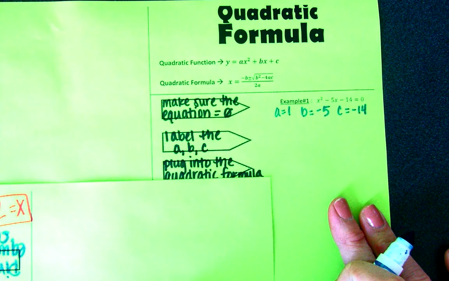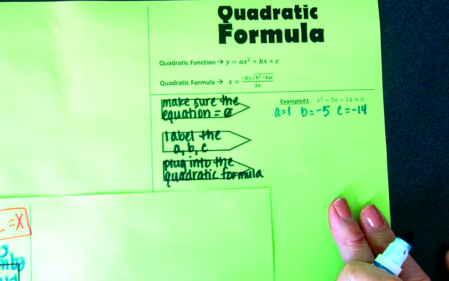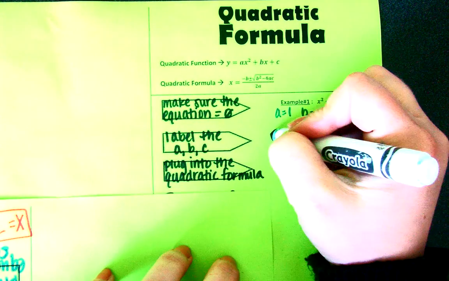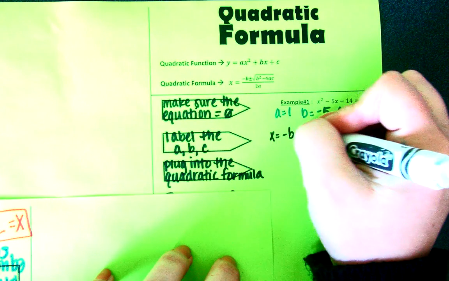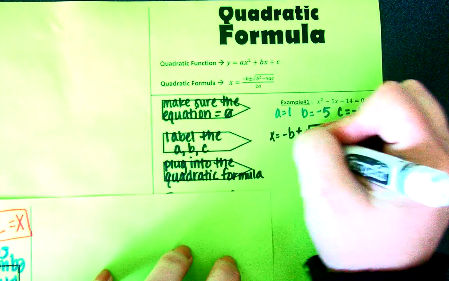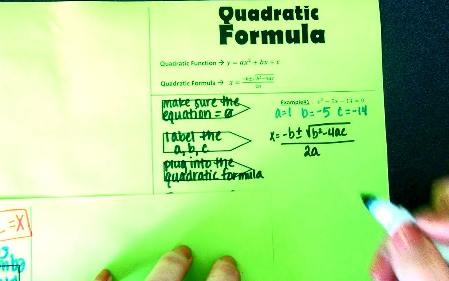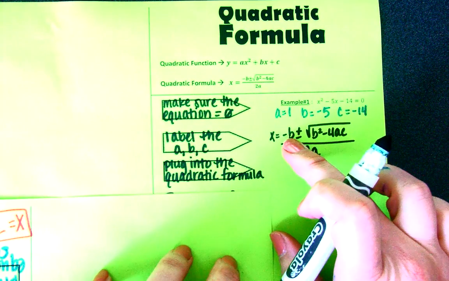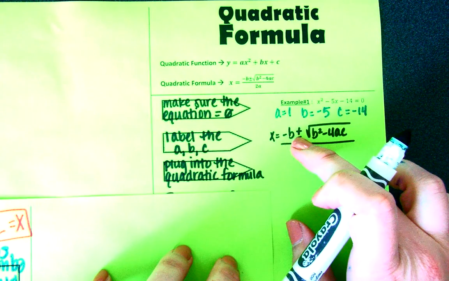The next thing you do is you plug it into the quadratic formula. So before that, you probably need to write out your quadratic formula so you know what you're plugging in. So again, that's your quadratic formula. It stands for opposite of b or negative b, however you want to say it, plus or minus.